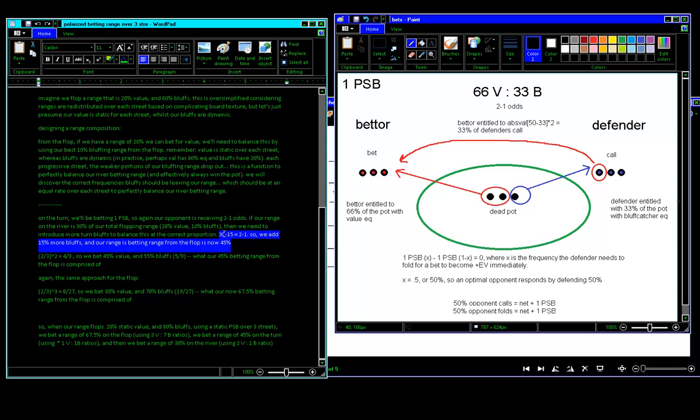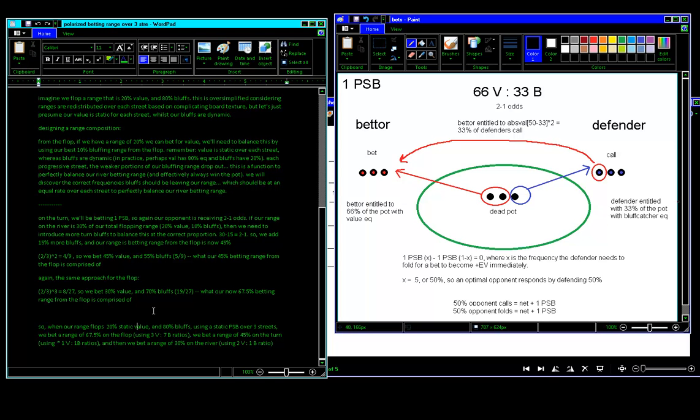I did this part quickly, so I won't go over it again. But now we've just added 22.5% more bluffs to that range. So now we have a 67.5% betting range from the flop, and that's what it's comprised of.